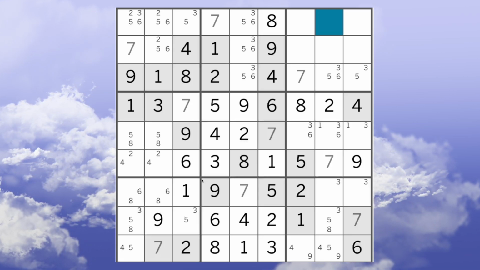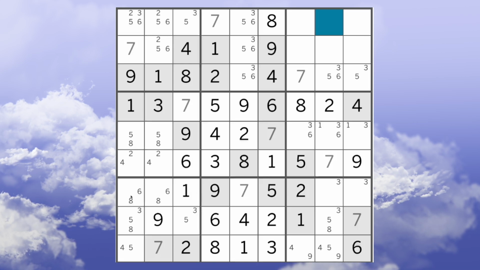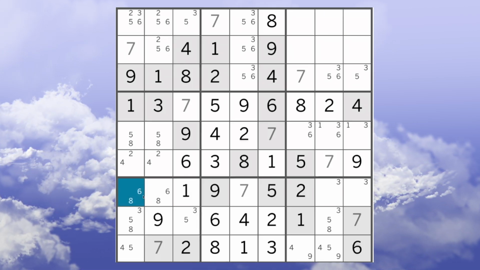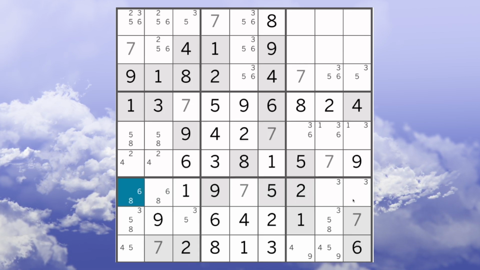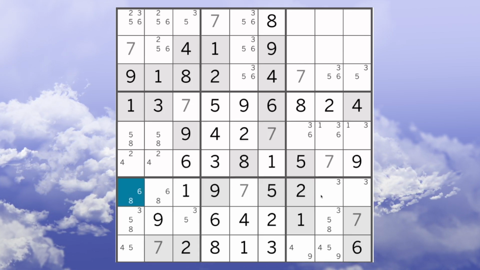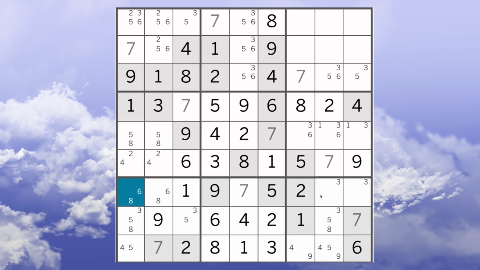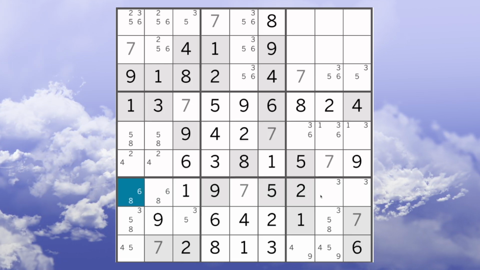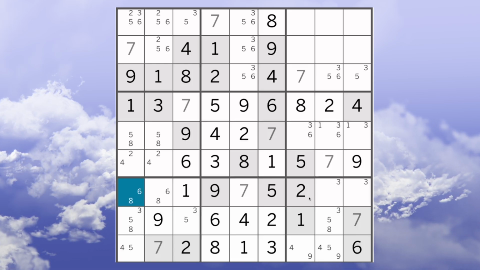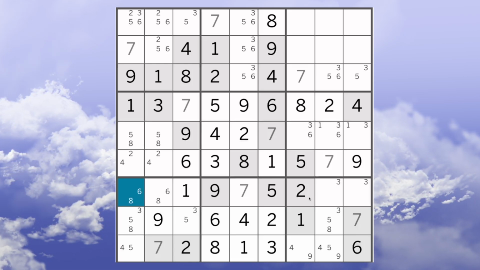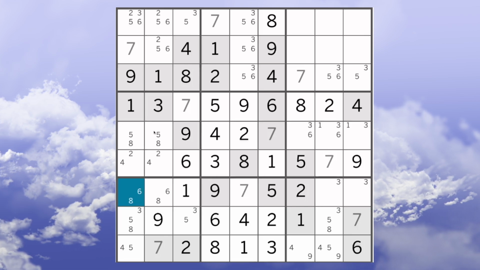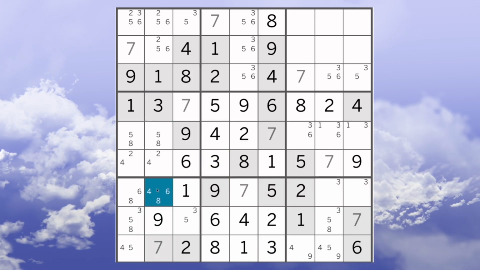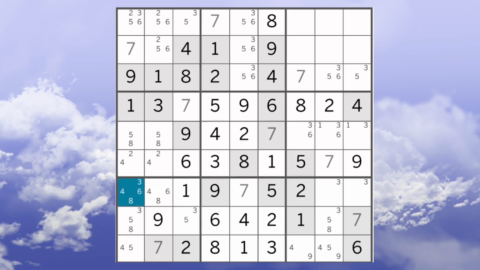Okay, so those don't have to, let's finish this line here. So we need a 3, 4, 6, 8. That one can't be a 3, but it can be a 4. That can be either.